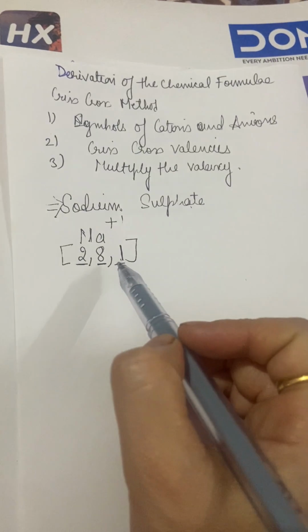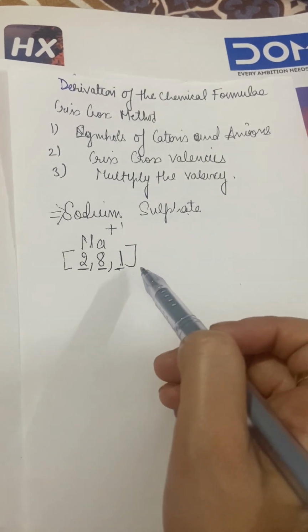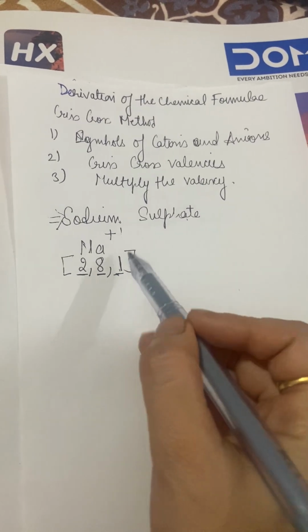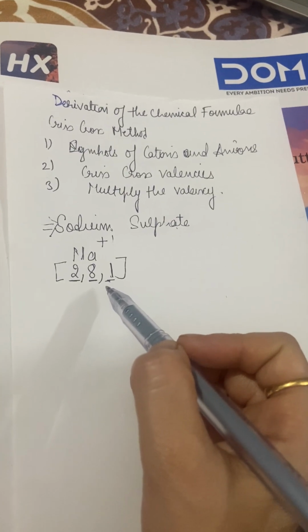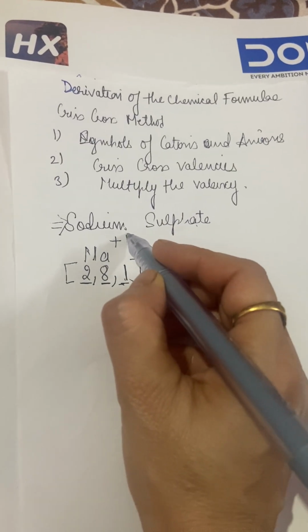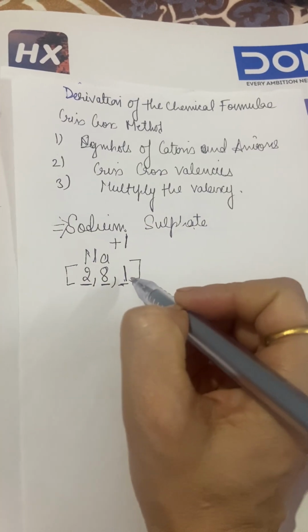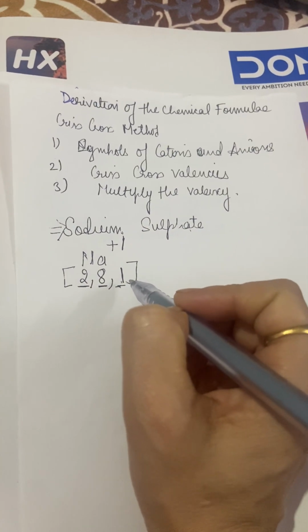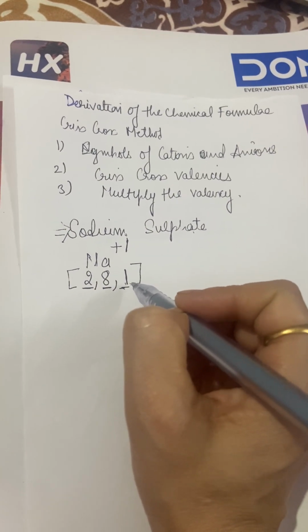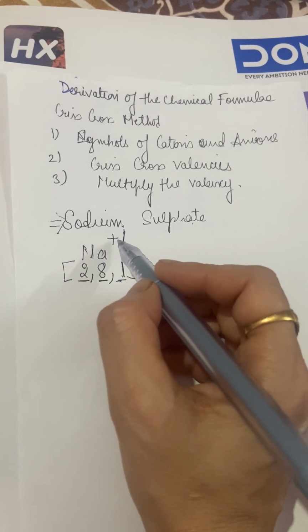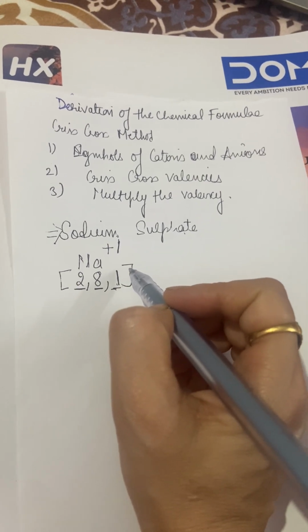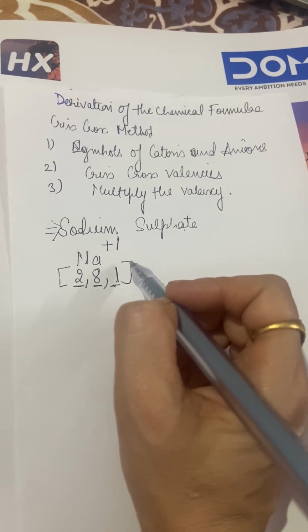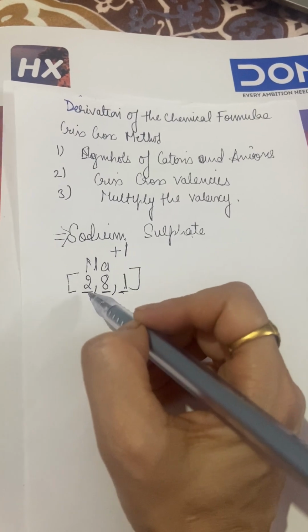But some of the atoms have an extra pair of electrons, or some of the atoms have fewer than 8 electrons. So what do they do? If an element has extra electrons, it loses the electrons and acquires what charge? Plus. And if any element is deficient in electrons, it will gain electrons and acquire a negative charge.